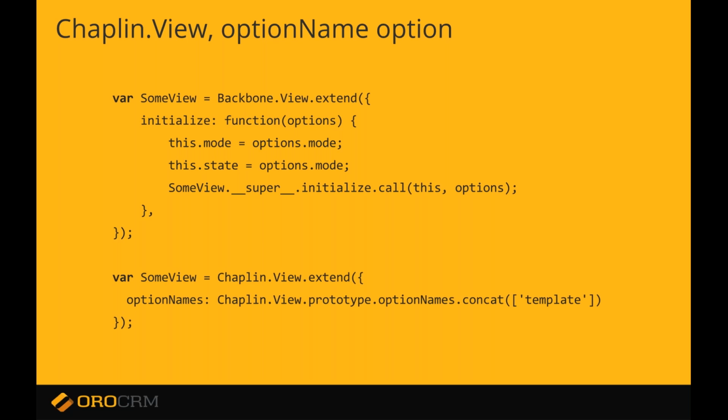So here is the optionNames property, which is an array of option names that we want to preserve inside the instance of the view. In this line you see that we take option names from the parent prototype and extend them with options that we want to preserve on our instance.